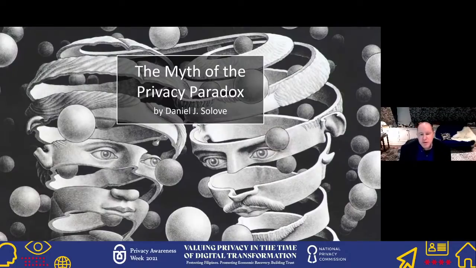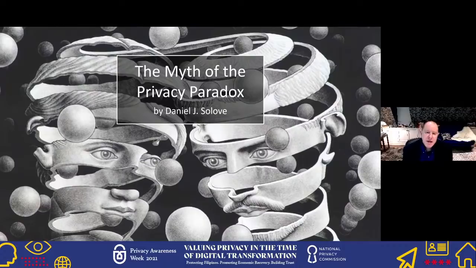If you do a Google search for privacy paradox, you'll pull up 7,000 different results on this term, various papers and books that have been written about it. This is something that has been talked about for quite a long time.